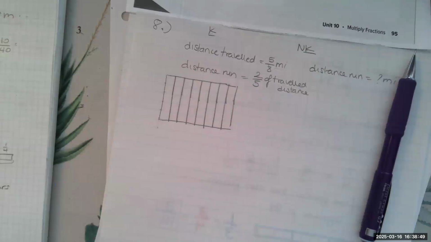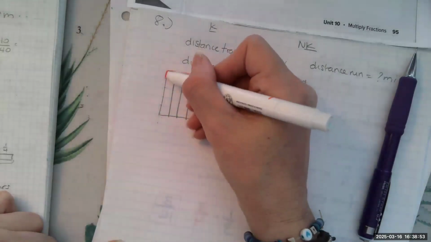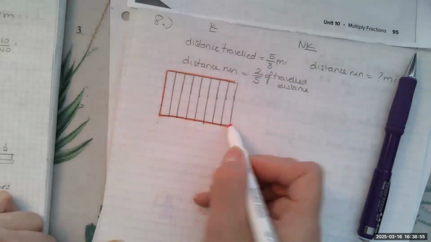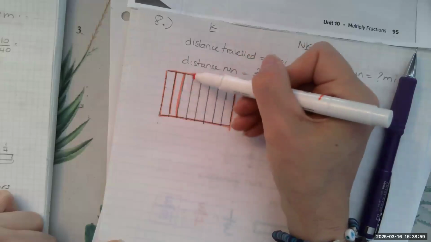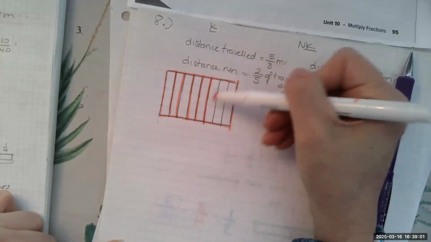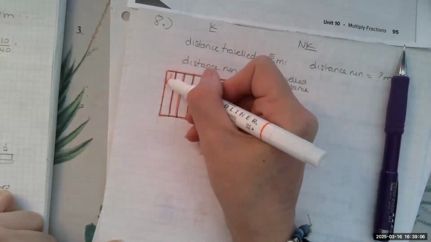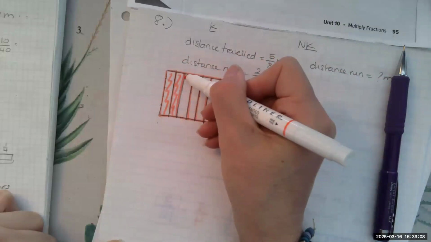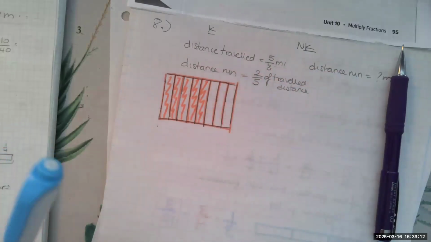So now we're going to say, this is a whole mile divided in 8 parts. 1, 2, 3, 4, 5, 6, 7, and 8. She travels 5 of those. 1, 2, 3, 4, 5.